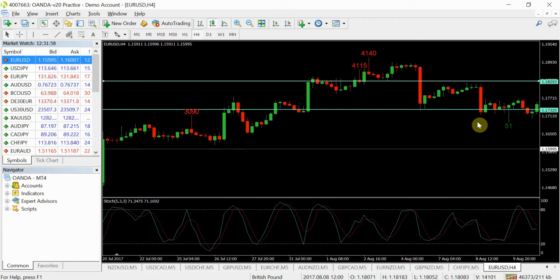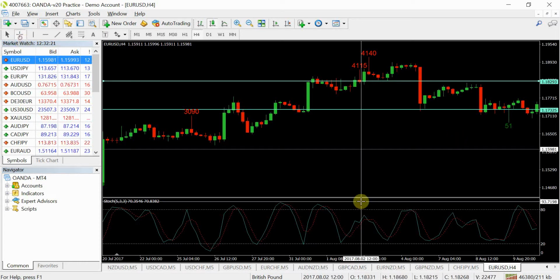Now, as you guys know, I do like to have a lot of confluence inside my trading. So one thing that I like to do when trading support and resistance zones for bounces, much more than breakthroughs, because these are more reversal signals, is using something like the stochastics cross to help me decide when to get into the trade.